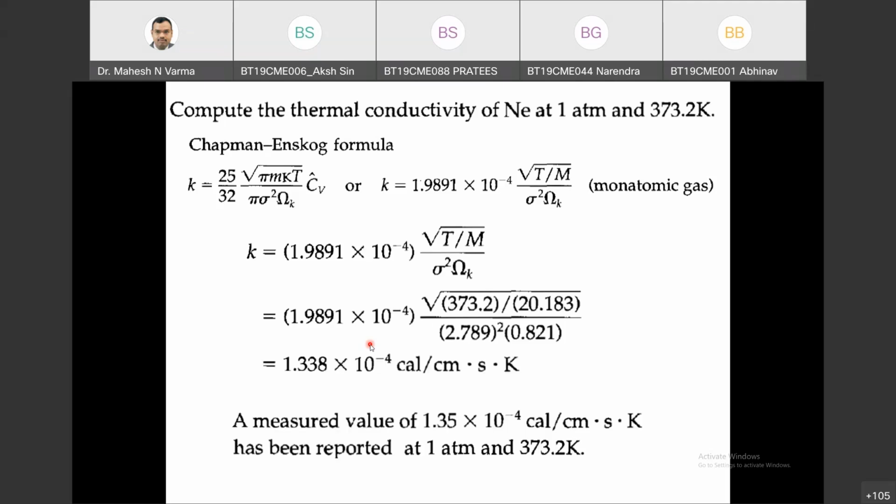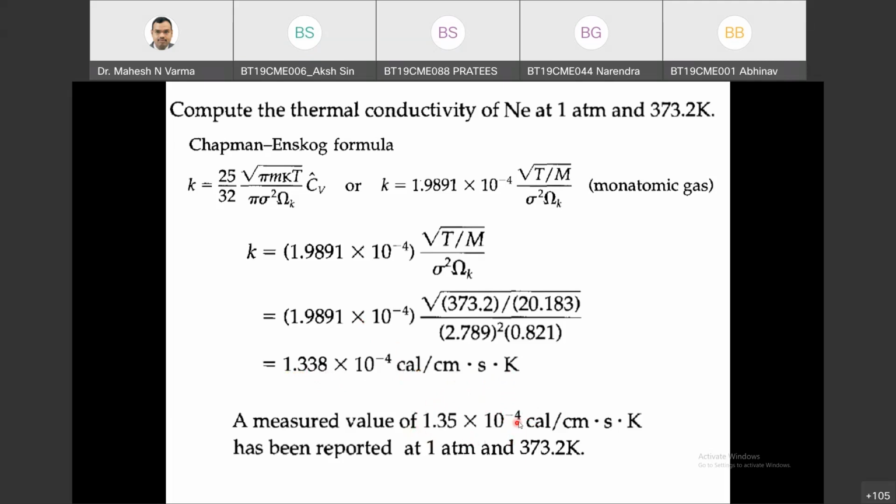So this value is 1.338 into 10 raised to minus 4 calorie per centimeter second Kelvin. This is the experimentally measured value, and you can take it as the correct value.